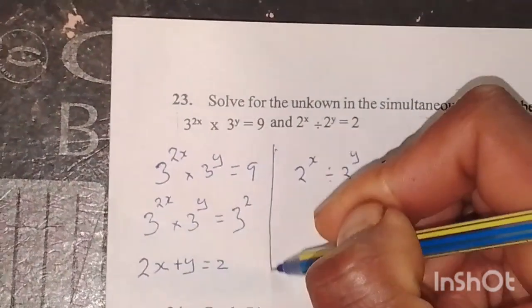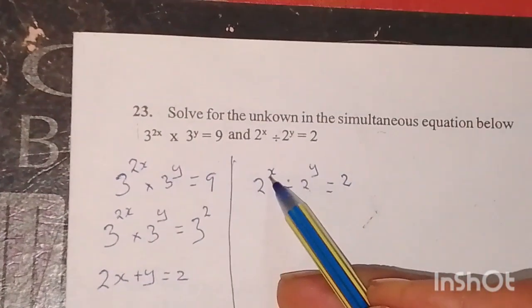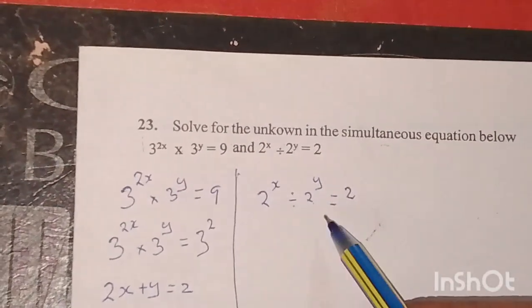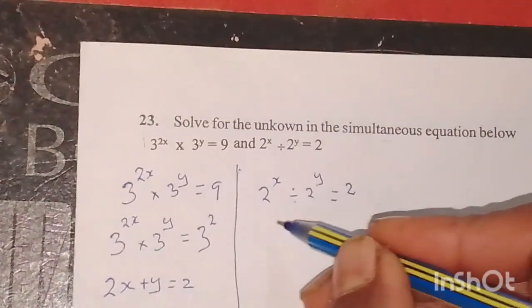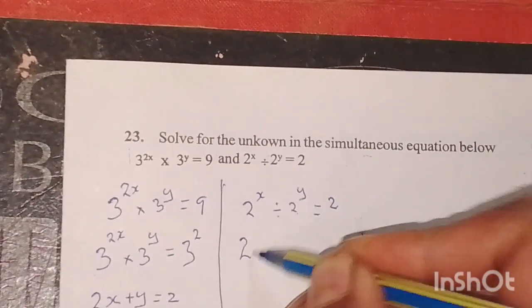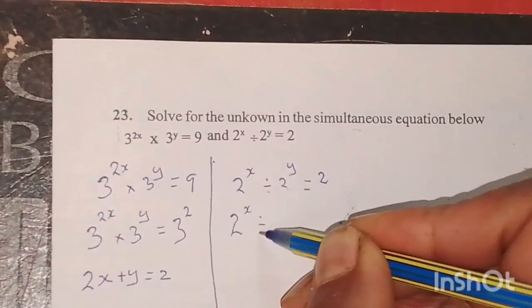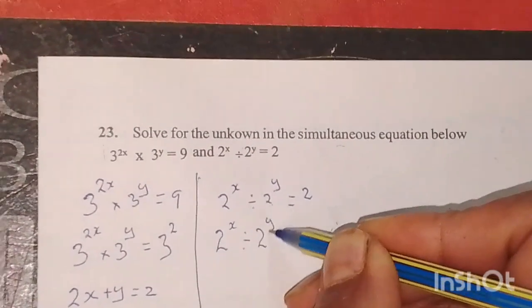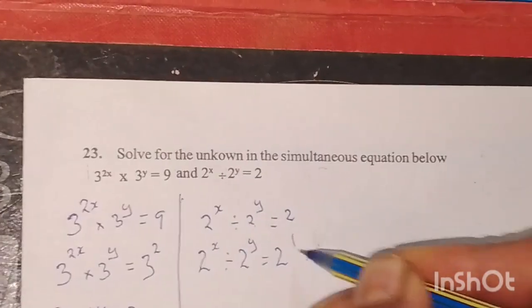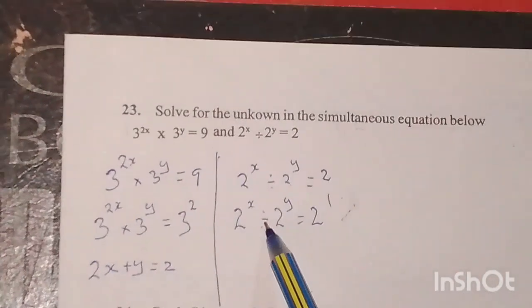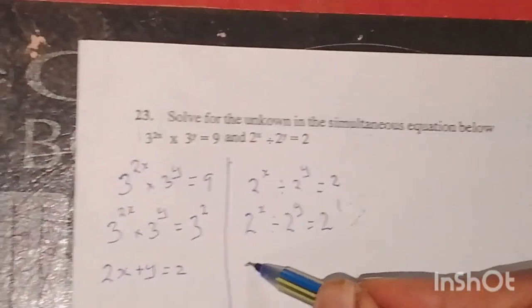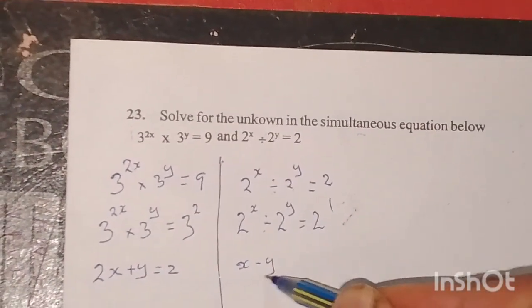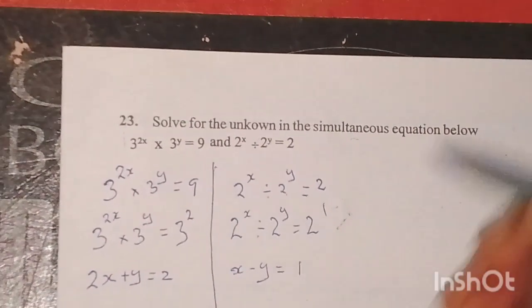Then the second equation said 2x divided by 2 to power y is equal to 2. Then the answer shall be 2x divided by 2 to power y is equal to 2 to power 1. In the simultaneous equation, you minus the powers because this is division. You see x minus y is equivalent to 1.